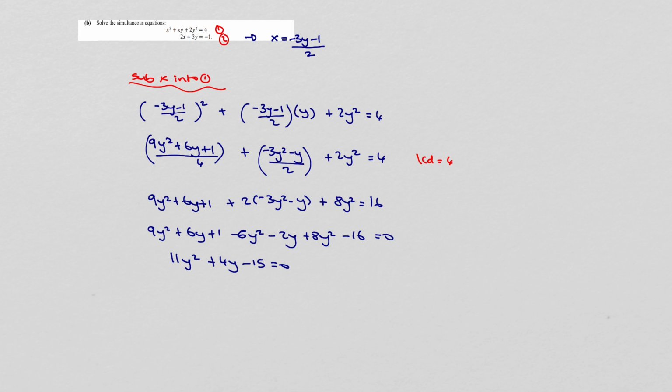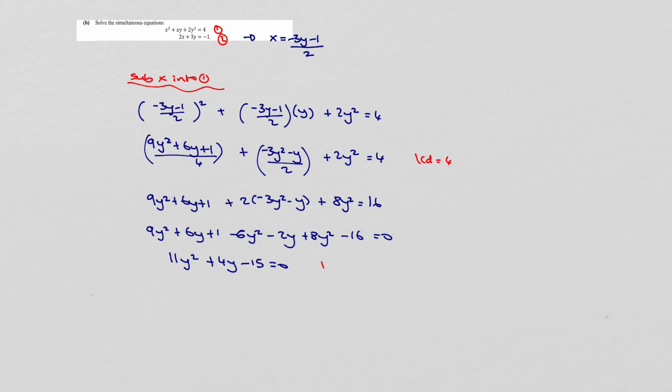So if I multiply the coefficient of y squared there, 11, by minus 15, that gives us minus 165. And factors that multiply to give us minus 165 that add to give us 4 would be 15 and minus 11.